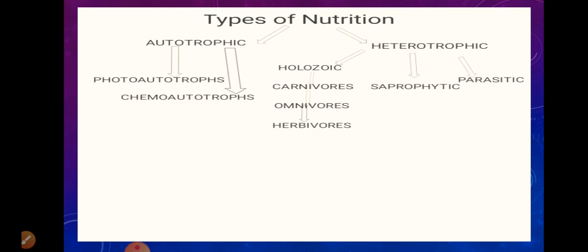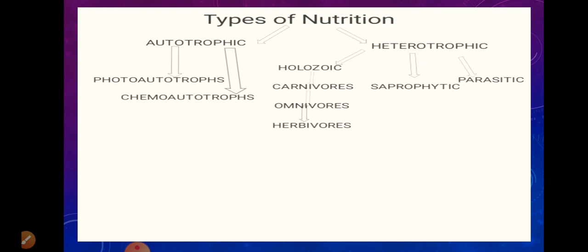So autotrophic nutrition is a nutrition in which an organism can prepare its own food. The only organisms present on earth which can prepare their own food are plants. So therefore plants are considered autotrophs, and that too not all plants, specifically green plants, please keep in mind.